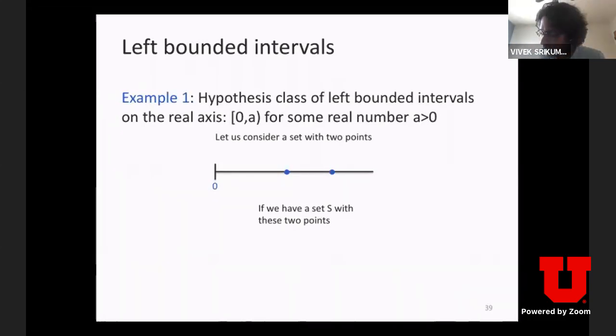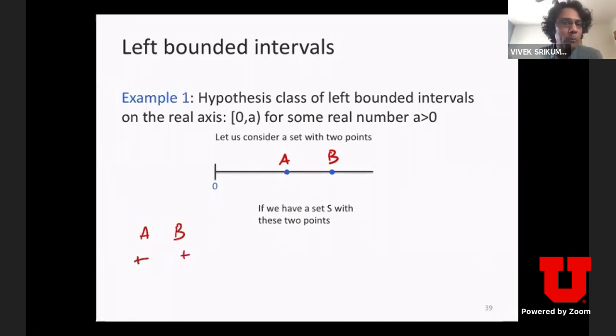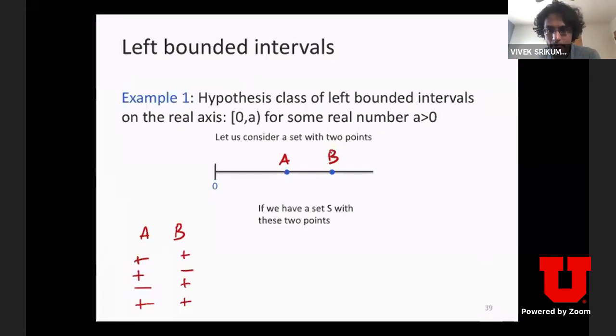Let's name these points A and B. I can partition the points into positive and negative by saying A is positive and B is positive. That's one partition that says both are positive and nothing is negative. This is plus and this is minus. This is minus and this is plus, plus and plus. These are the 4 possible ways in which we can partition the points into positive and negative.